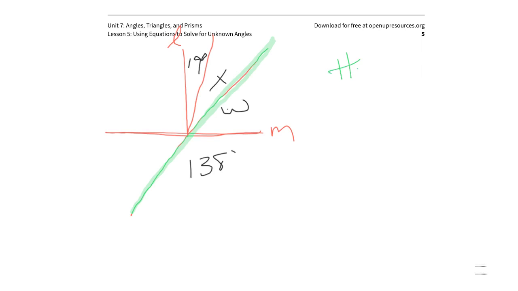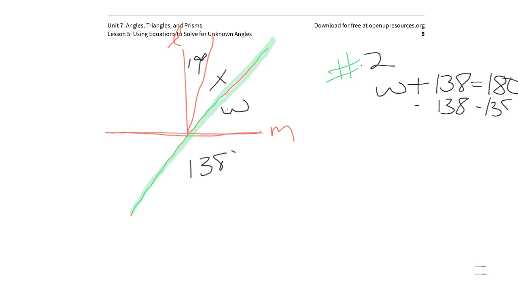Number 2, we know W plus 138 equals 180. So if we minus 138, we get W equals 42. Okay.